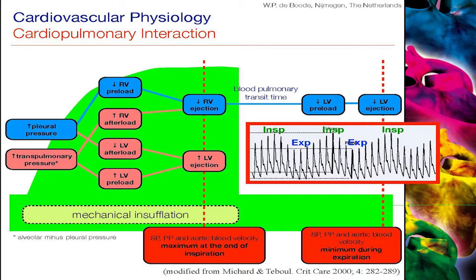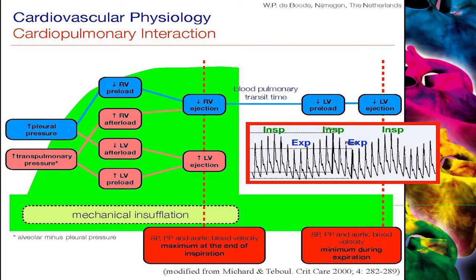So at the end of the inspiration, there will be an increase in stroke volume. What you see is a maximum of systolic pressure, pulse pressure, and aortic blood velocity. And on the other side, at expiration, there will be a minimum of these parameters because of a decrease in left ventricular stroke volume.